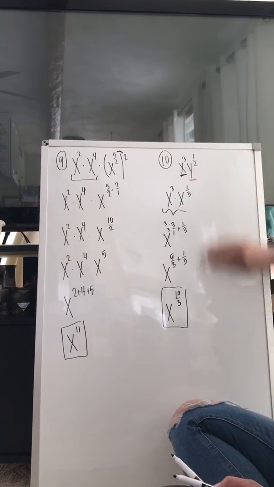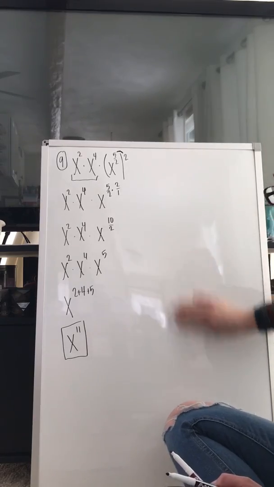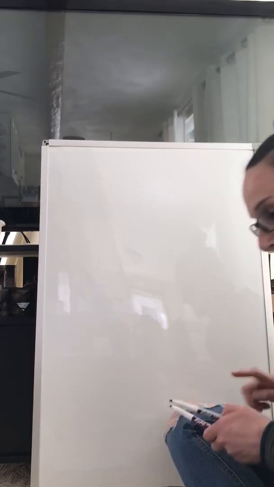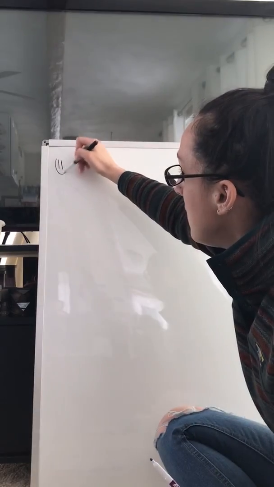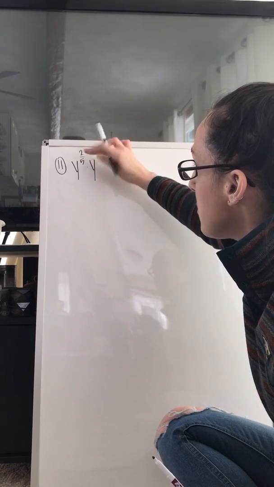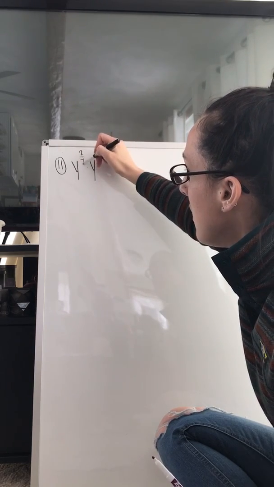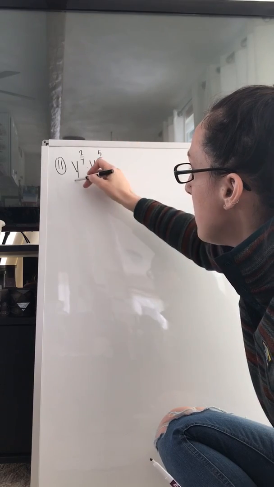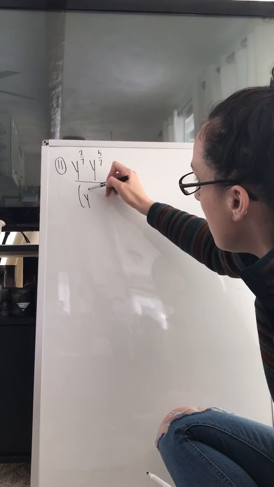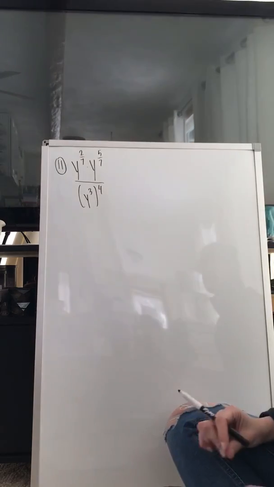All right, so that takes care of our products, what happens when we have division. So 11 gives us y to the 2/7 times y to the 5/7 all over y to the 3rd raised to the 4th power.